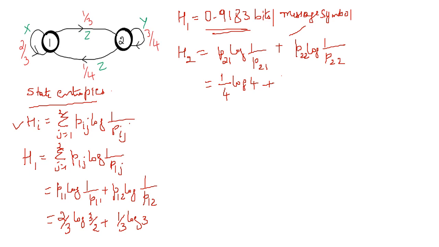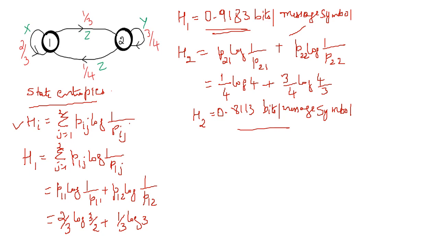P22 is nothing but the probability of state going from 2 to 2. In this diagram it is 3 by 4. So 3 by 4 into log 4 by 3. So after substitution we'll get H2 as 0.8113 bits per message symbol.